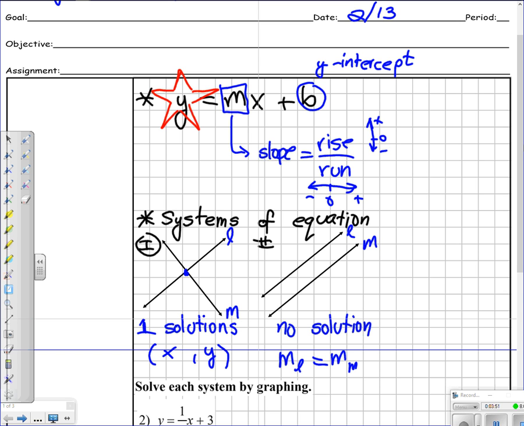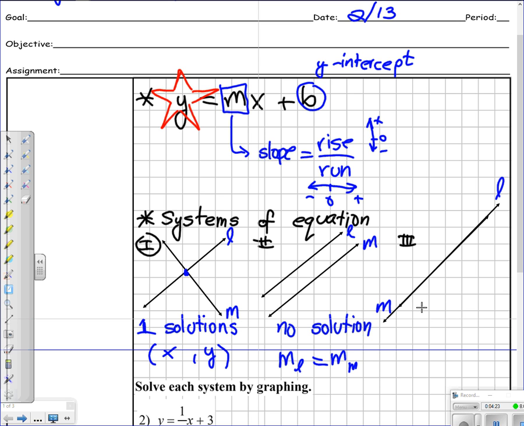And the third possibility is the following. Maybe one line will look like this, and the second line will look like this. So what you have is one line on top of the other. So maybe line L will look like this, and line M will look like this. Now these lines touch in many places.